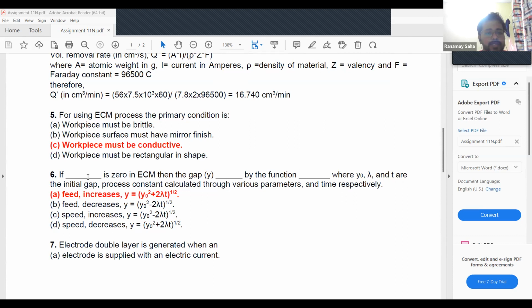So you can directly say, if you have followed that class, that if PD is 0 in ECM, then the gap y increases by this parabolic function: y equals the square root of y naught squared plus 2 lambda t, where lambda is a constant, t is the time, and y naught is the initial gap.